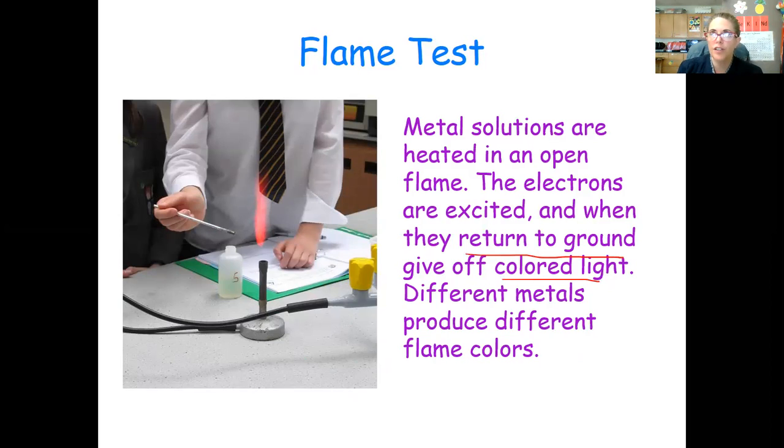If you have a green firework, there's usually copper present, because copper makes for a very nice green flame. The hardest firework color to produce, however, is blue. You have to get the right combination of different colors in order to produce blue fireworks.